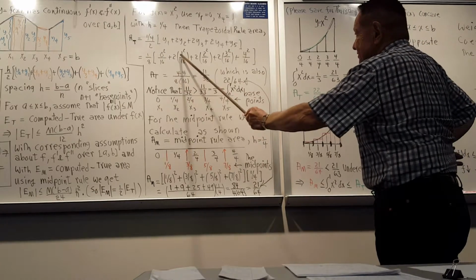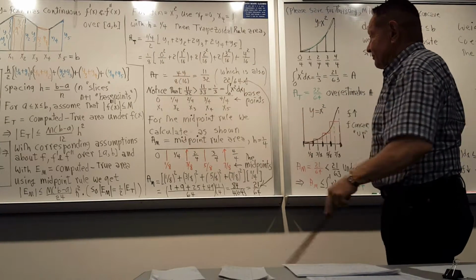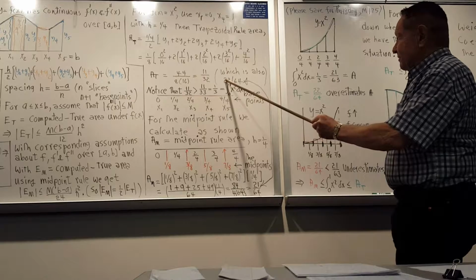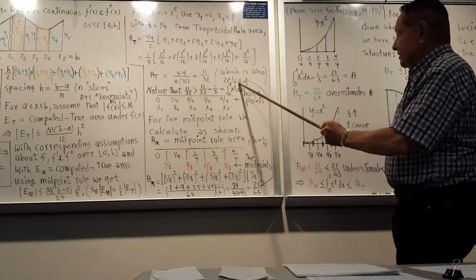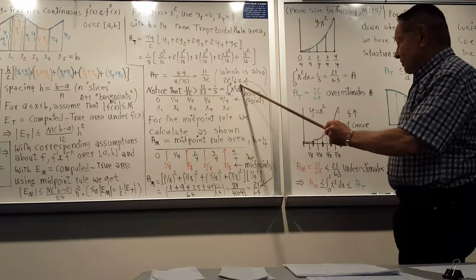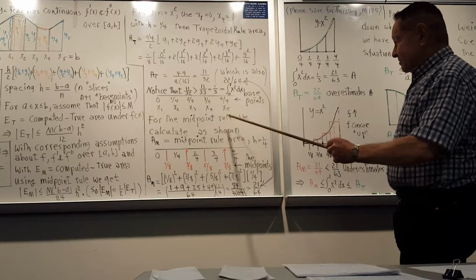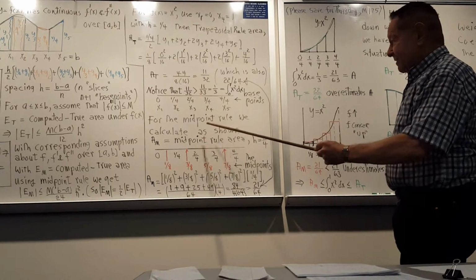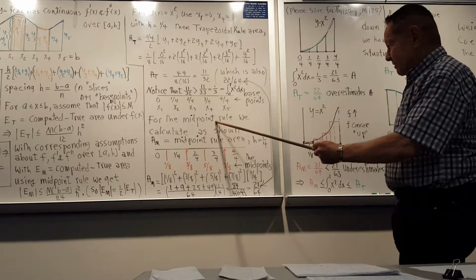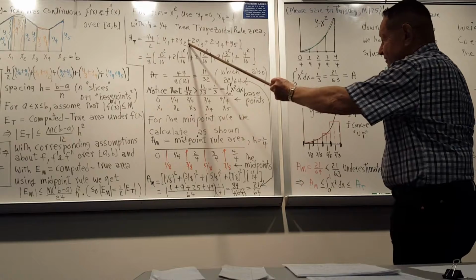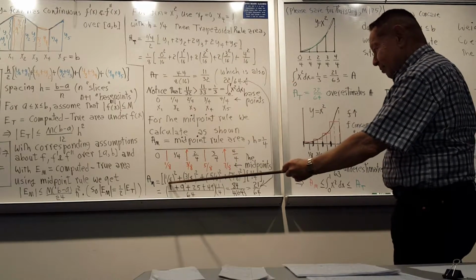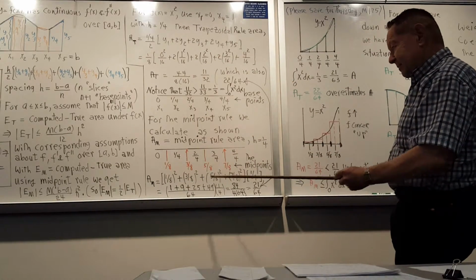Those numbers will add up to the 44, and then you can rewrite that with a common denominator of 64 to make comparisons with your exact area, which you get with an integral, or your computation, which is similar to this using the midpoint rule down here.